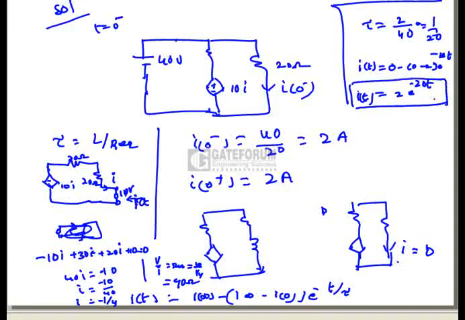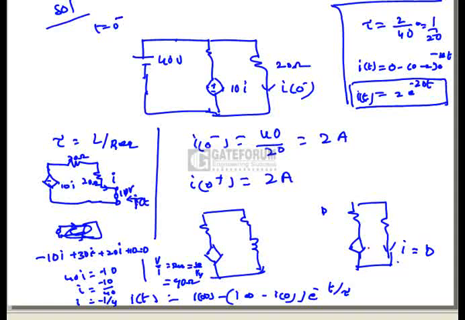In this way we have to find out. The first important thing is that at t equal to 0 minus we have to find the current, and that current is the same as the t equal to 0 plus current, because the inductor does not allow sudden changes in current. And again we have to find the infinite value of the current. At t equal to infinity, if you draw the circuit, there is no independent voltage source in the network.